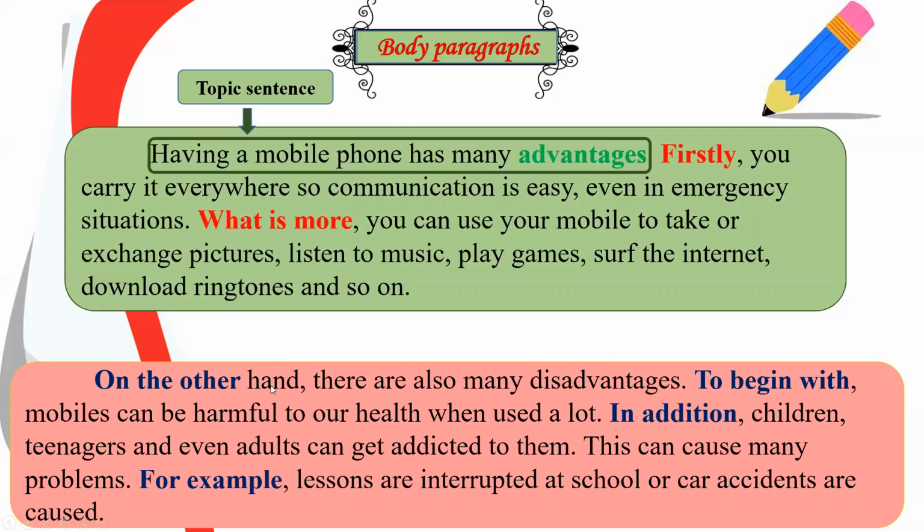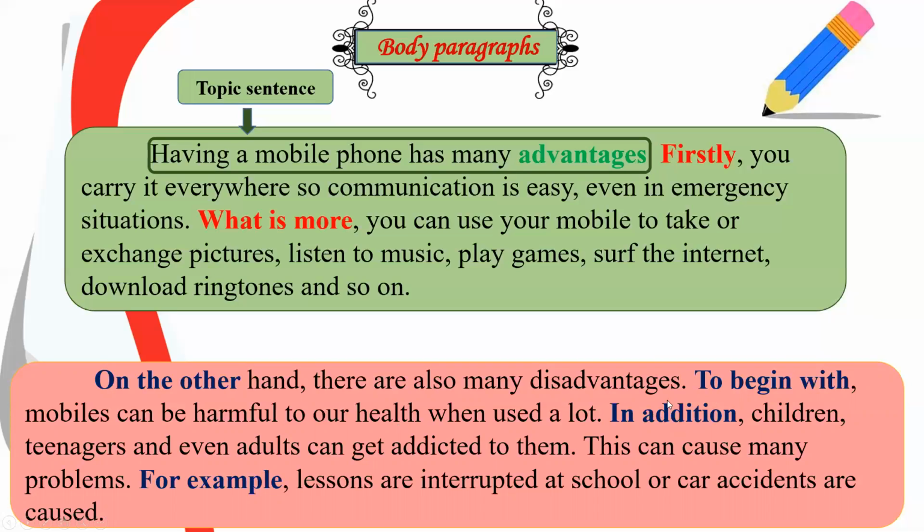See, on the other hand, there are also many disadvantages. To begin with, you see here, we're using to begin with, in addition, to list points, and to give examples using for example. To begin with, mobiles can be harmful to our health when used a lot.